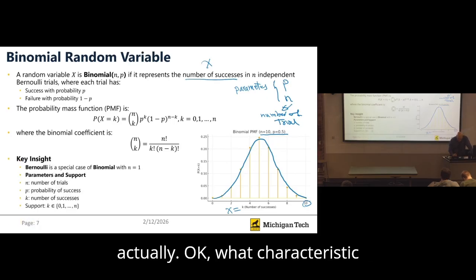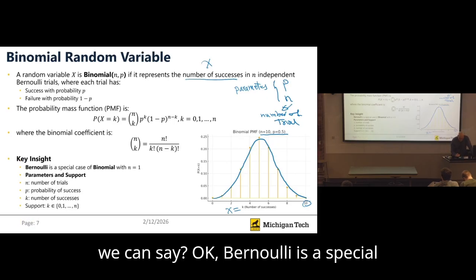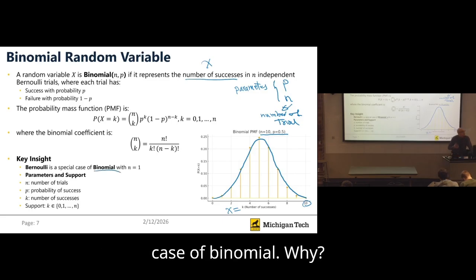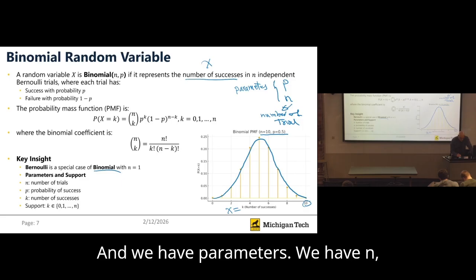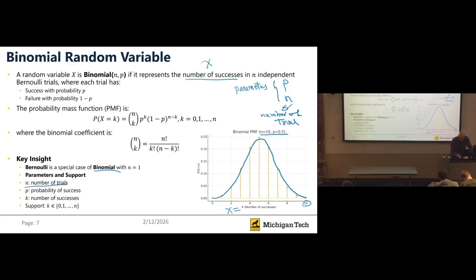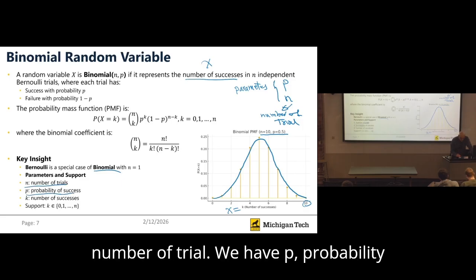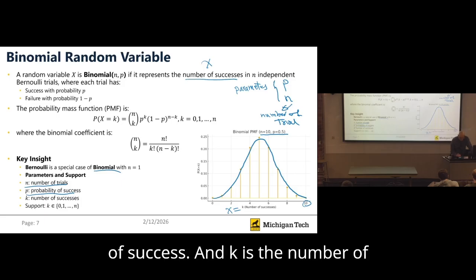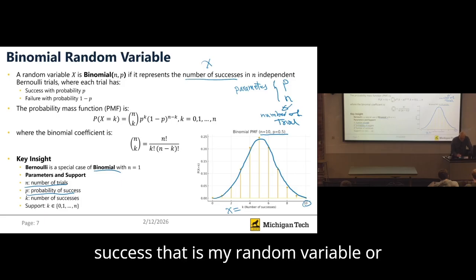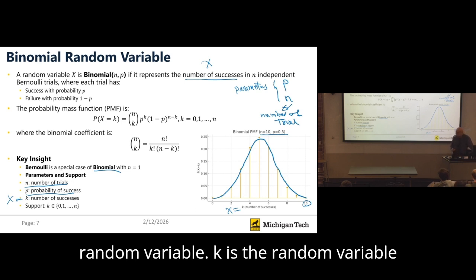OK, what characteristics can we say? Bernoulli is a special case of binomial. Why? Because if n is 1, it becomes a Bernoulli. And we have parameters: n, the number of trials, and p, the probability of success. And k is the number of successes. That is my random variable. K is the random variable that we are trying.